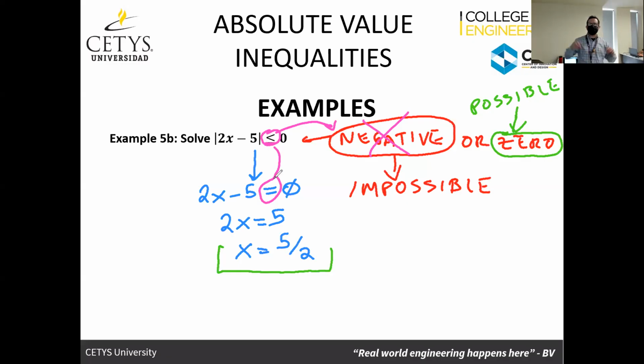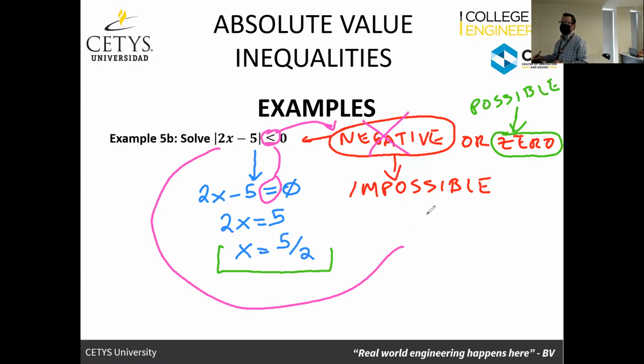So what you did is that you separated this into 0 less than or equal to 2x minus 5 less than or equal to 0.